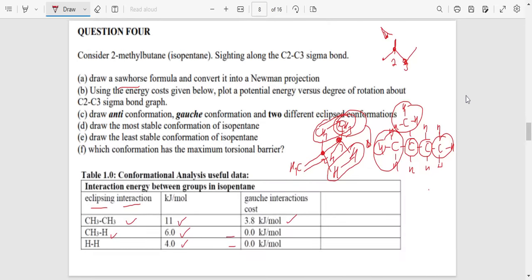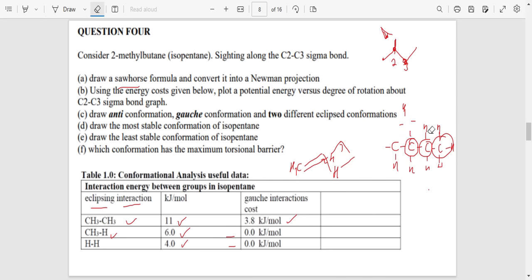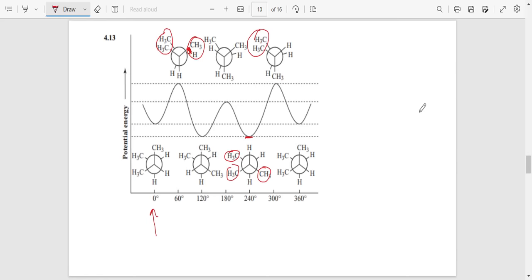Now the questions are still there. Draw the anti conformation, gauche conformation, and two different eclipse conformations. So we have actually already done this. The anti conformation just means that these two groups are on opposite sides. Okay.